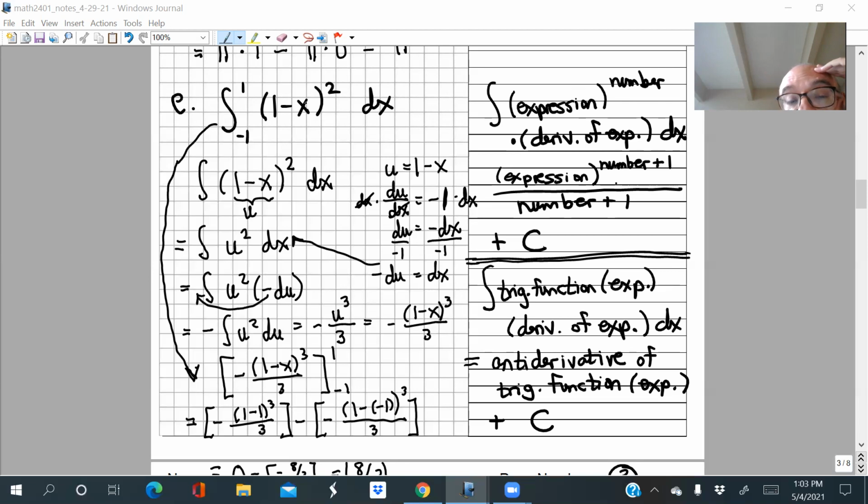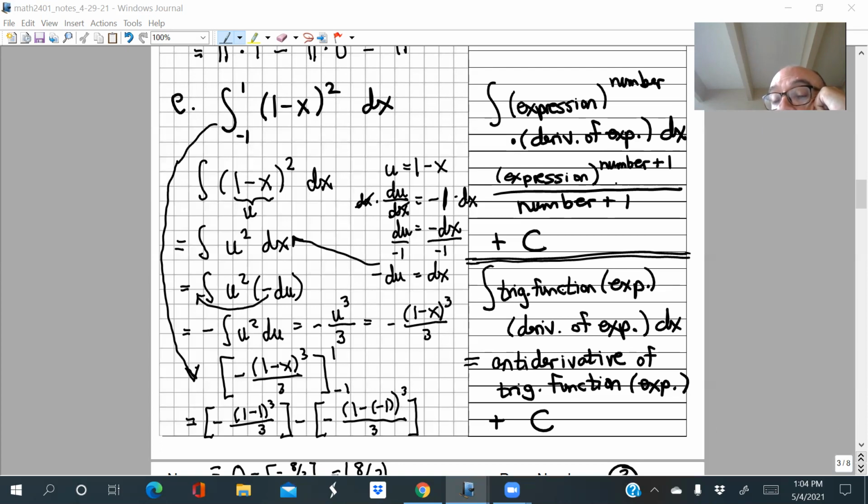That's exactly the case that we had here. We had not just x squared, but an expression involving x squared. So when you see that, you should be thinking, sometimes this doesn't work, but in general, I might want to try integration by substitution.